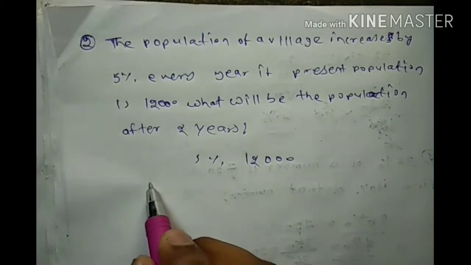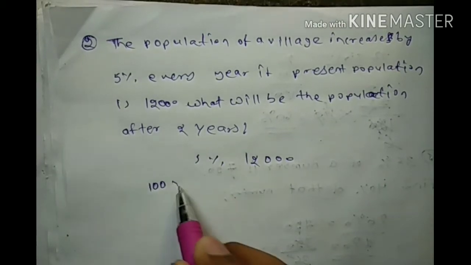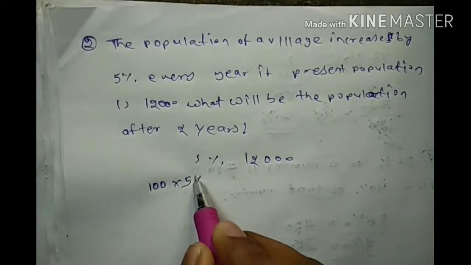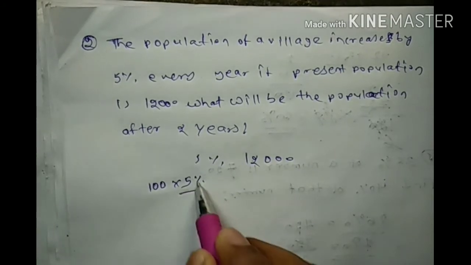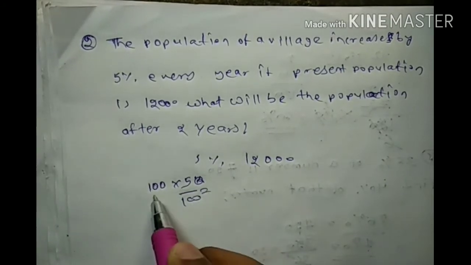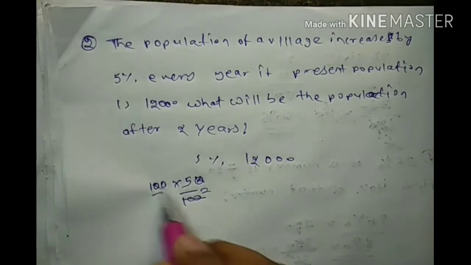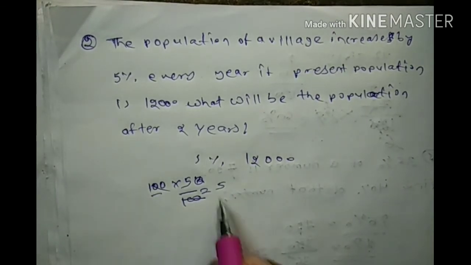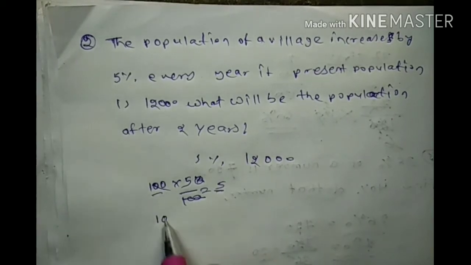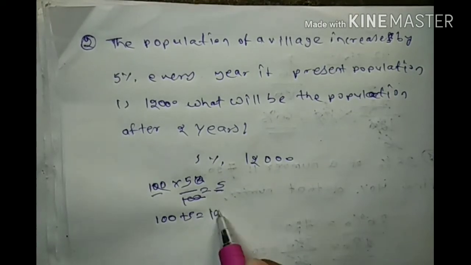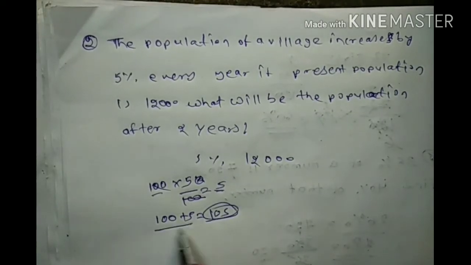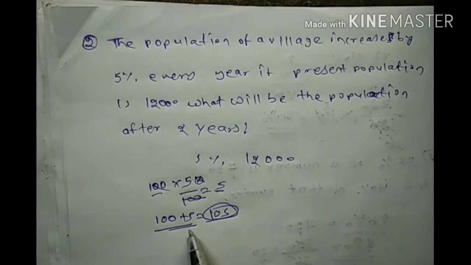When we find a 5% increase, we calculate 5% of the given sum or total sum. Here we found the 5% increase, then we add the increasing amount to the total amount, so that we get the amount after the increase percentage.